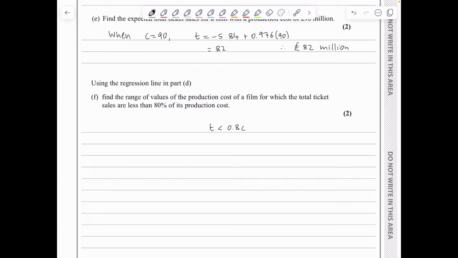Now for T, I'll be substituting the equation of the regression line, so minus 5.84 plus 0.976C being less than 0.8C. If I collect the C's on the left-hand side, I get 0.176C being less than 5.84, and therefore get that C is less than 33.2, which means that we are looking for production costs being less than £33.2 million.